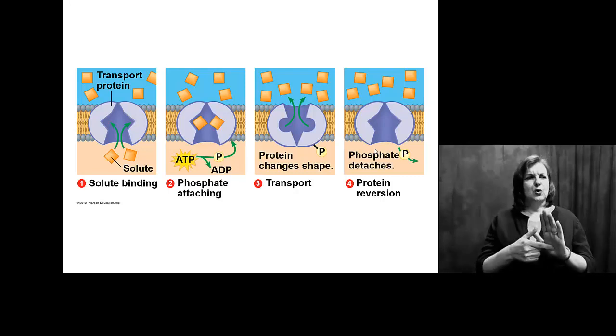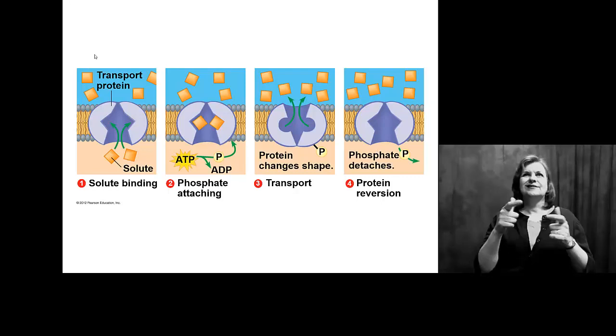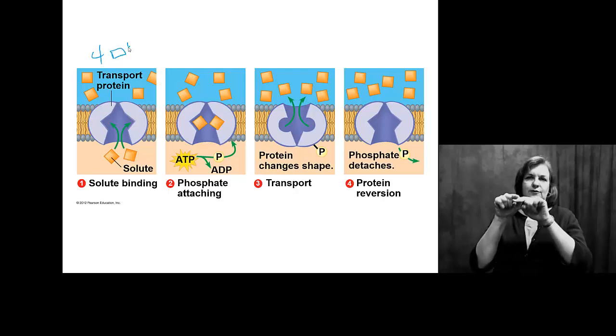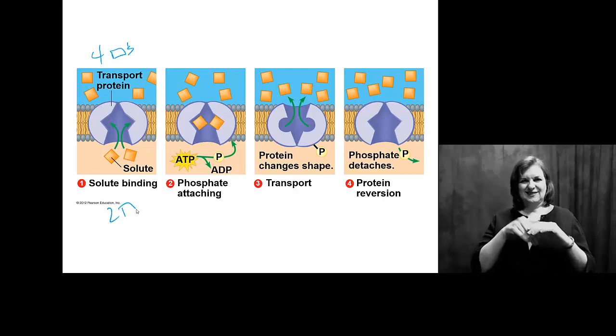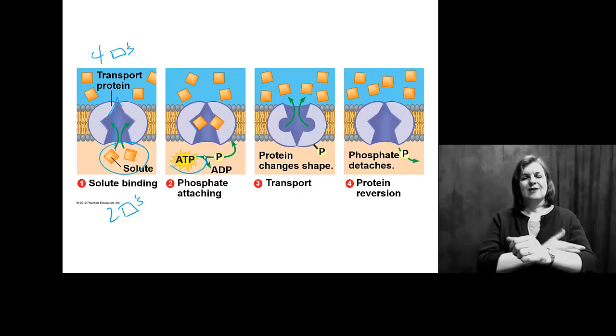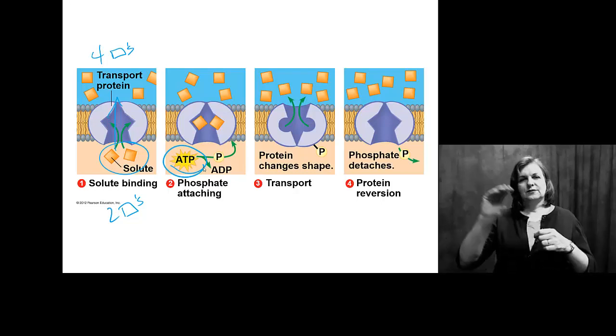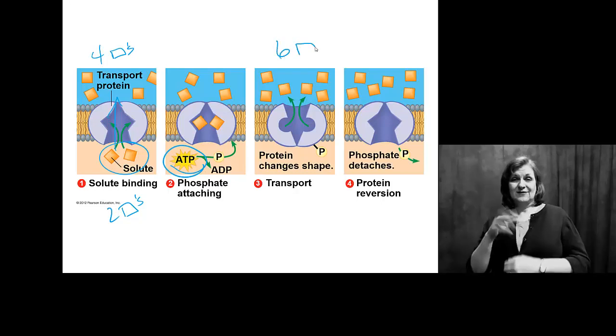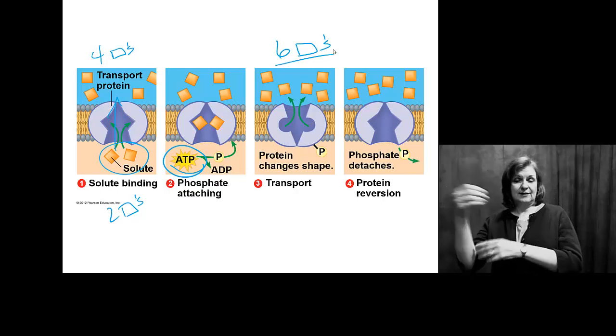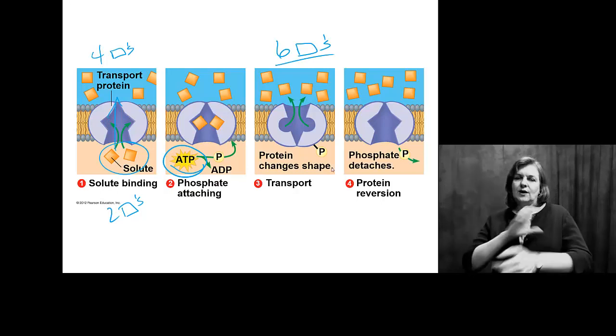So in this case, looking at a large number, in this case 4 squares outside, 2 inside, but the cell wants to move those out. So it's going to do that, but it's going to cost it energy every time it does. So now we end up with 6 squares outside, which is what the cell wants, but it costs us energy to do it.